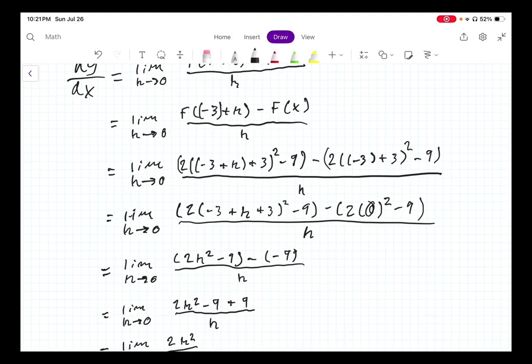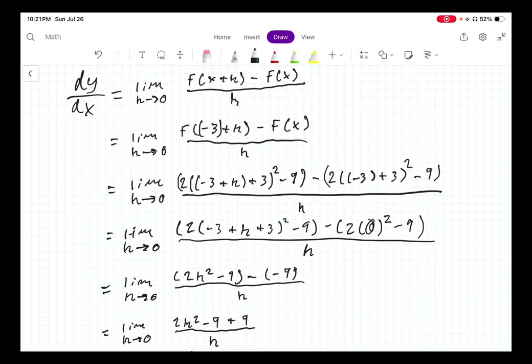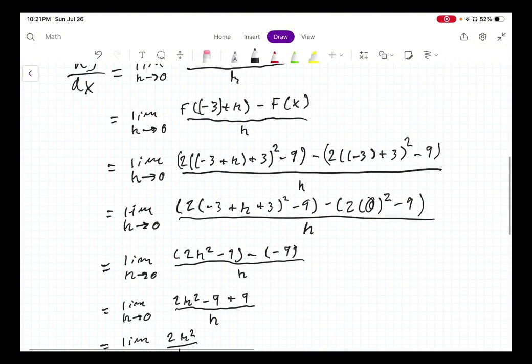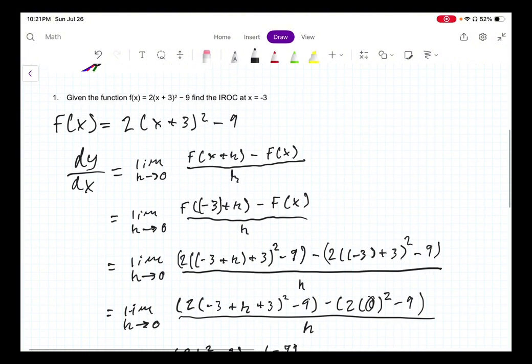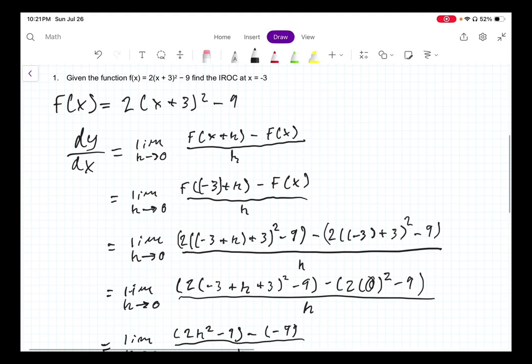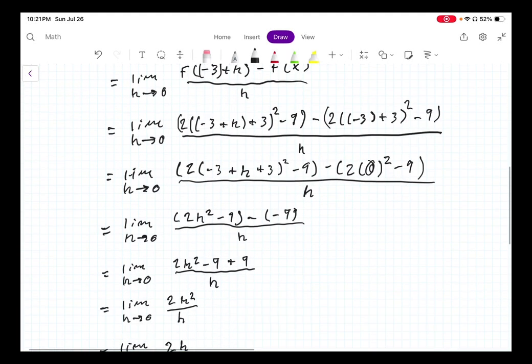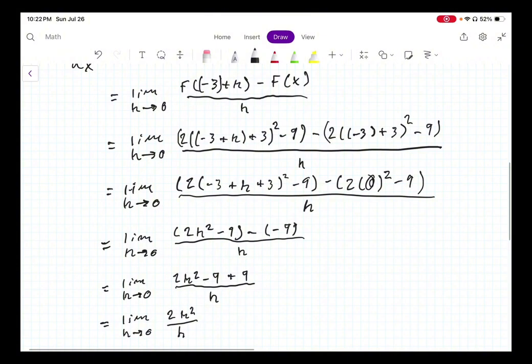So then I like to plug in our target value, which is negative 3. So plug that in, and then you can plug in your functions around that. So then we plug in the function 2 times x plus 3 squared minus 9 around what I already subbed in. Oh, this actually should be a negative 3 as well, so write that.